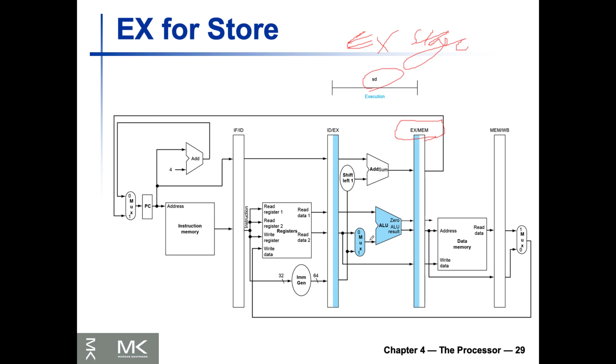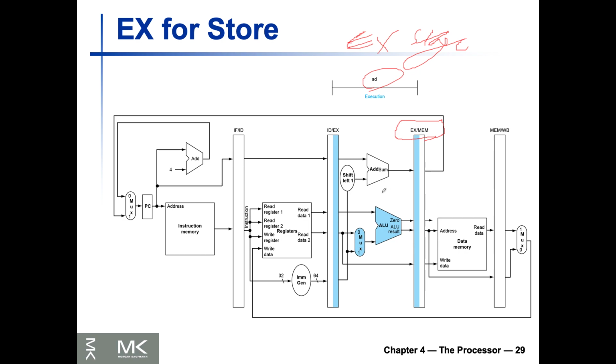We have passed the instruction fetch stage, we pass it into the register of ID execution. Now we are doing the execution stage for storing, and we are sending something forward to the XMEM register before we write it back.